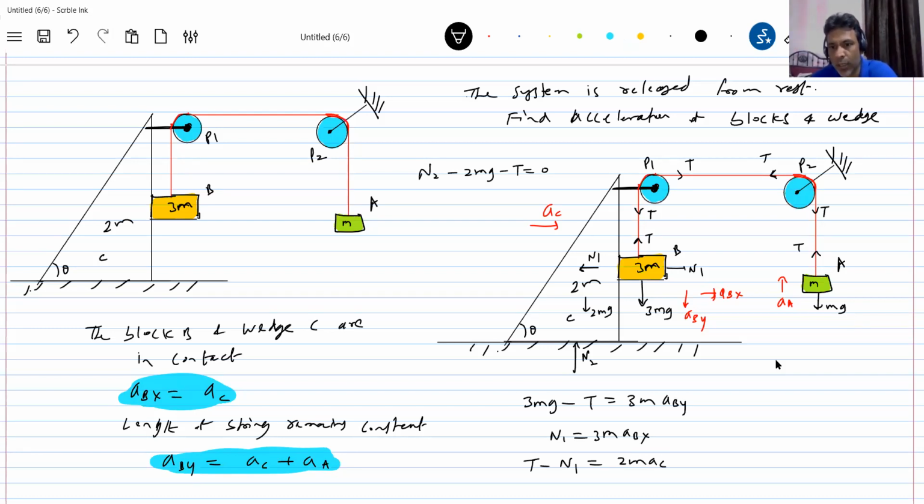Then for the block A, T minus... Solve all this. How many unknowns are there? 5 unknowns, 5 equations. Solving this, you'll get the required answer. Okay, take a screenshot. I'll go for the next one.